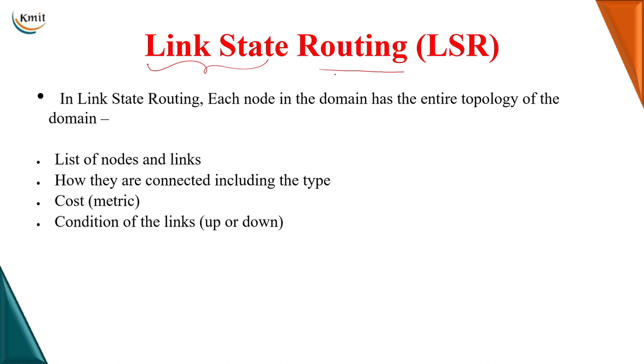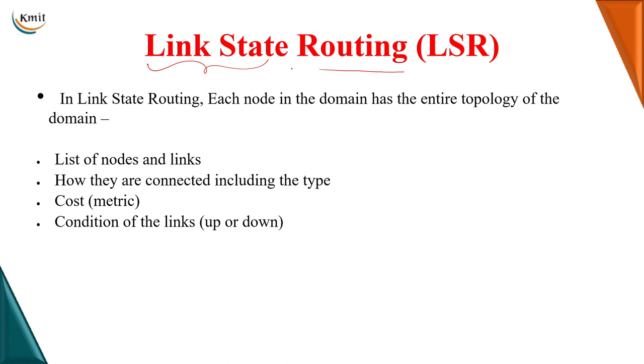Because in the count to infinity problem, we were not aware that a particular node had gone down and there was no connection to that particular device. Because of that, the count reached infinity and the nodes were not updated with the information.